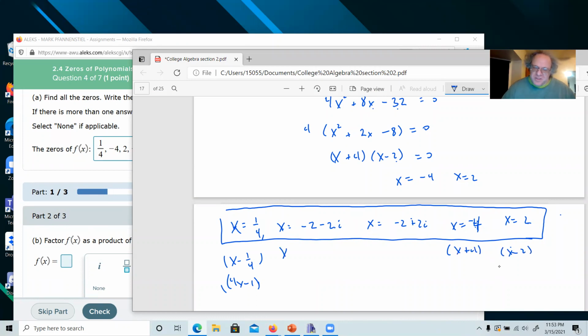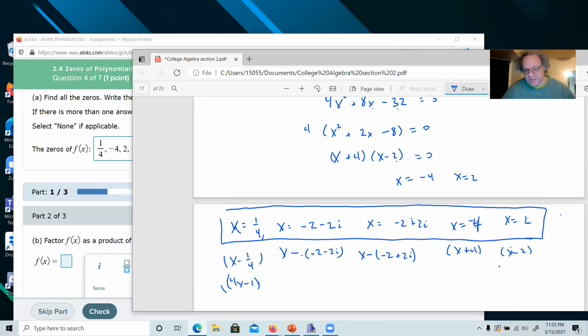The way I would do these is x minus, right? Because we're bringing this over. And I would put a thing in here, and I would say, okay, -2 minus 2i, right? Because we would bring this over. And I wouldn't worry about trying to distribute that, okay? It's a complex factor. Just leave it alone. x minus, and then we have -2 plus 2i. I mean, you can, right?